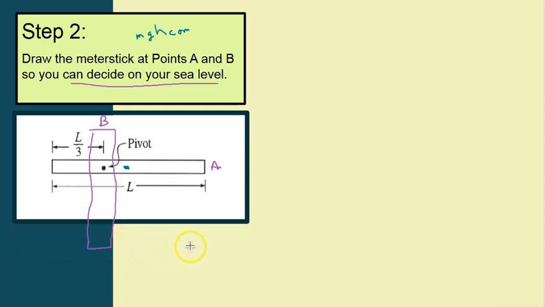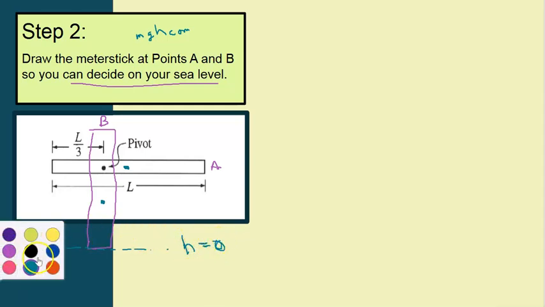You could define the bottom of the meter stick here at sea level, or you could define this as sea level. If you define the initial location as sea level, then you're going to be below sea level at point B, because the center of mass is here. It doesn't matter. Actually, let's call this sea level, but you really need to pick and label on your diagram, or you're likely to make a mistake. I'm not going to say you will, but it's tricky.